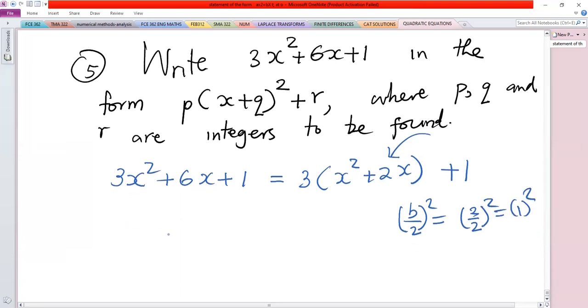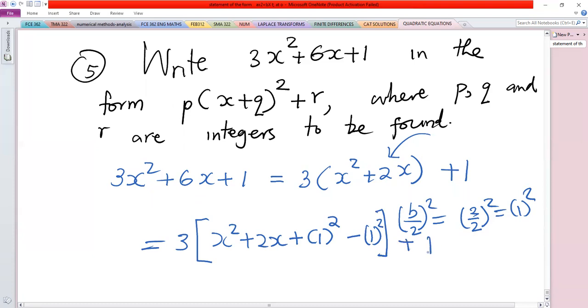So we'll write this equals 3 into x squared plus 2x plus, now b over 2 squared is 1, but then subtract it so that you don't change the expression.